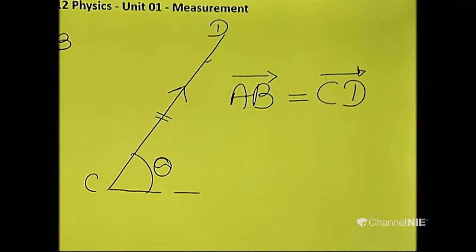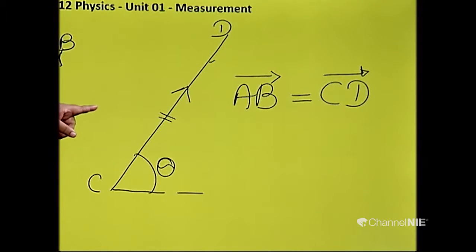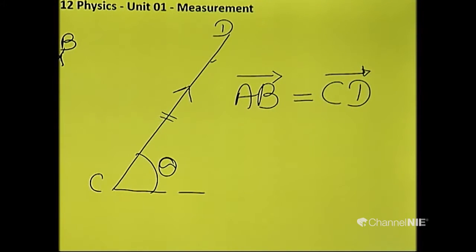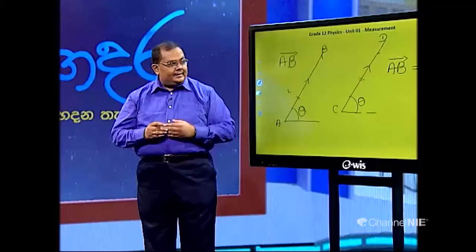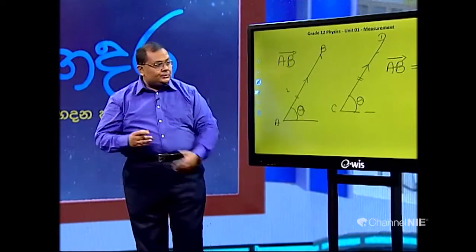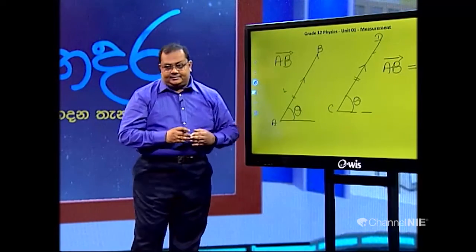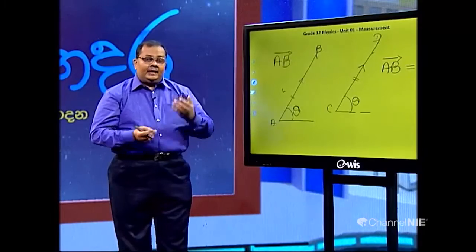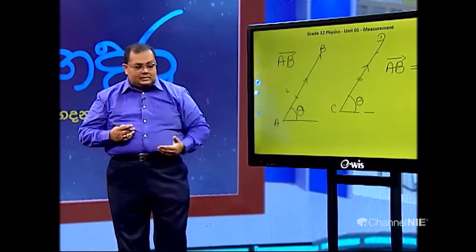Whatever the space that you represent the second vector, if both are equal and in the same direction, you can equalize them the same way, magnitude and direction. A to B vector is equal to C to D vector. This is an equivalent vector.